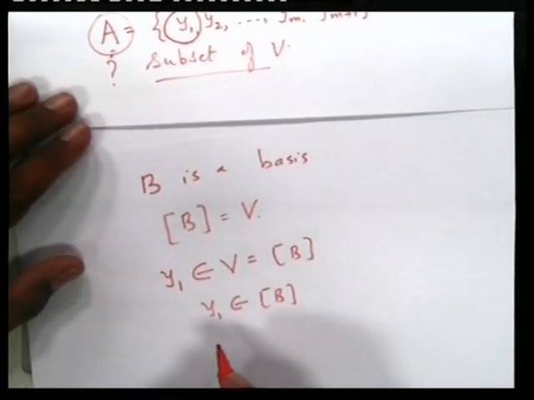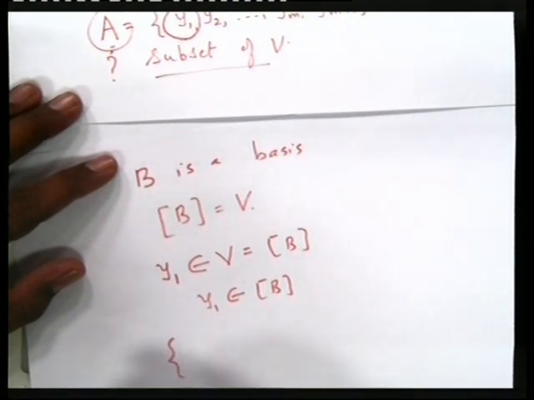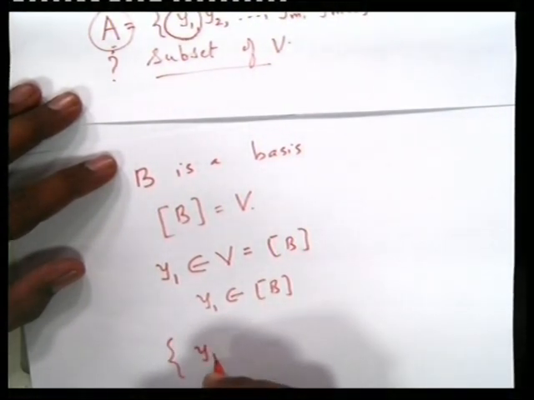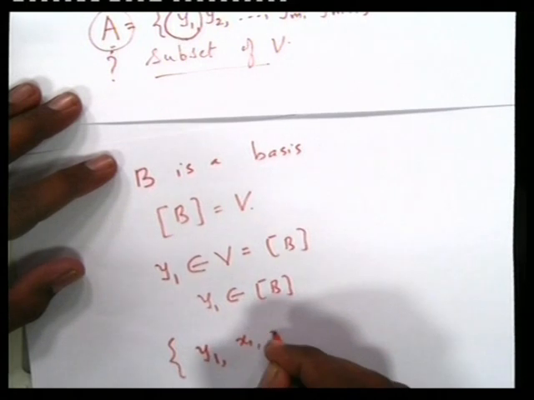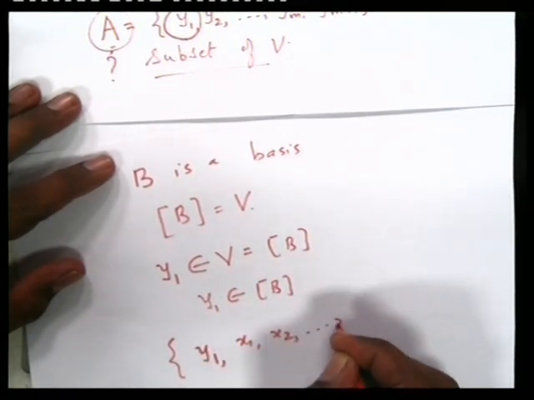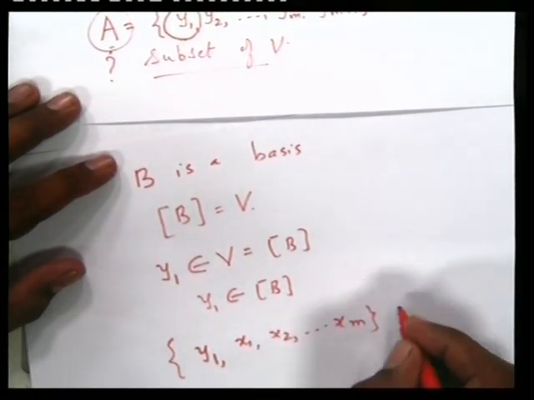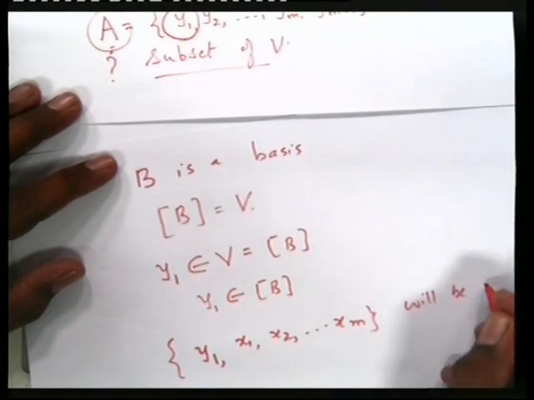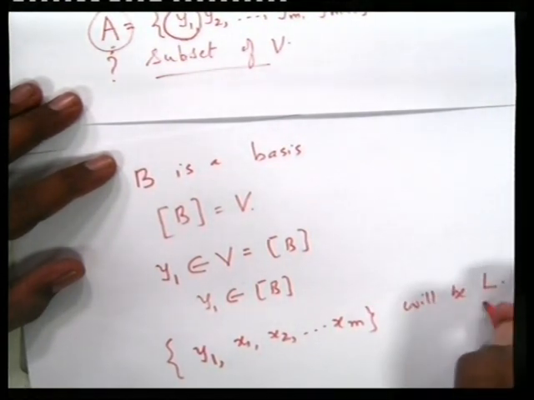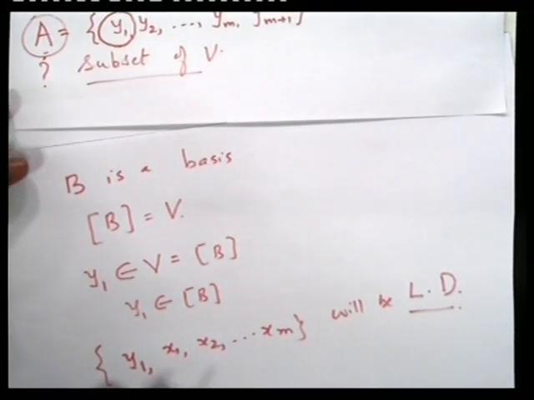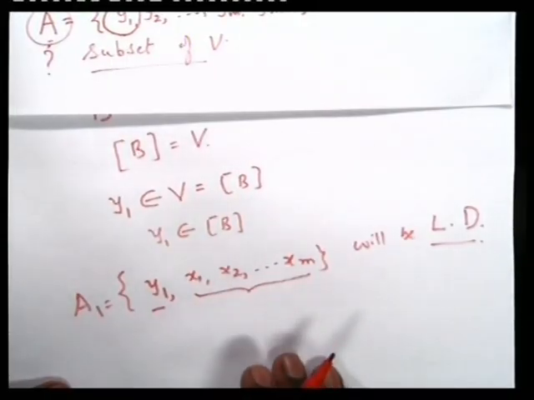And as we have discussed previously, the set y1, x1, x2 up to xm will be a linearly dependent set. So say this set is A1, then definitely this set A1 will be a linearly dependent set, because y1 is a linear combination of x1, x2, x3 up to xm.